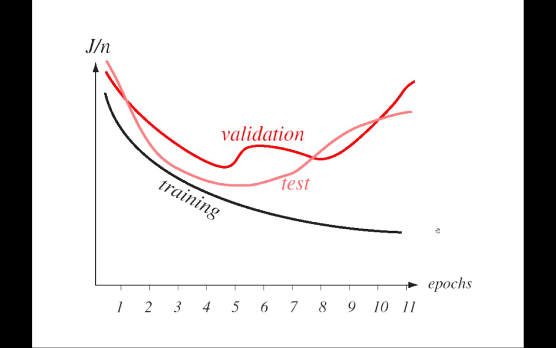But if you then leave out some data, which you don't use in training, but you are using it for testing, so forget about the validation data here for a second, then you see the following behavior.